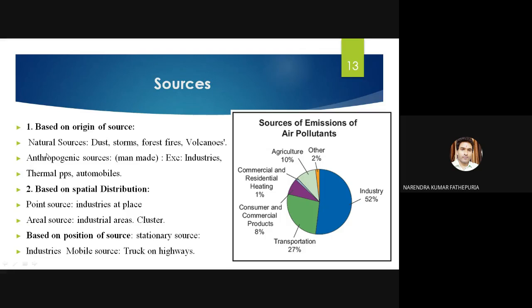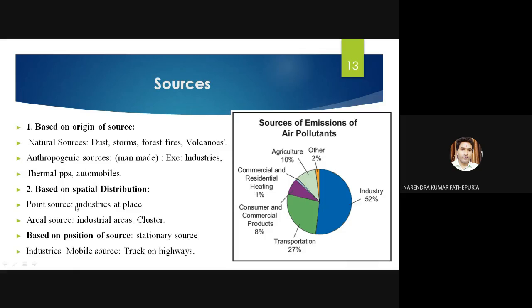So sources have been classified here based on the origin of the source and based on the spatial distribution, right? Number one is based on the origin of the source. We have natural sources like dust storms, forest fires, volcano eruptions, and anthropogenic sources like man-made ones, including industries, thermal power plants, and automobiles. Second is based on the spatial distribution.